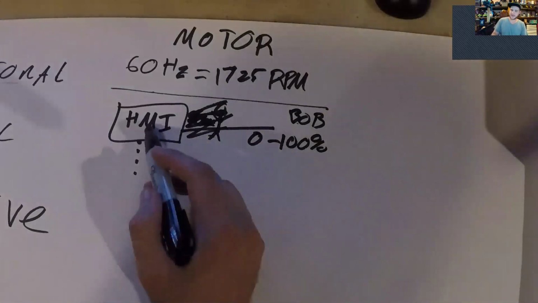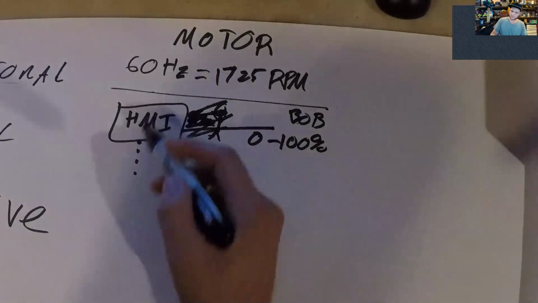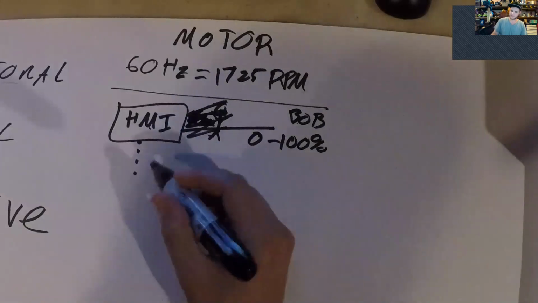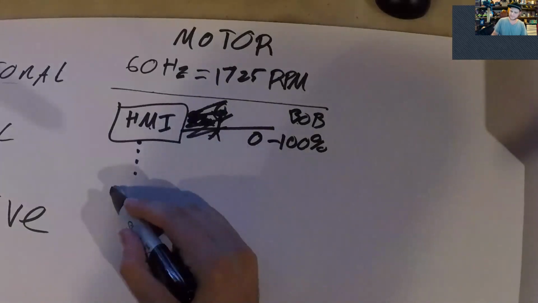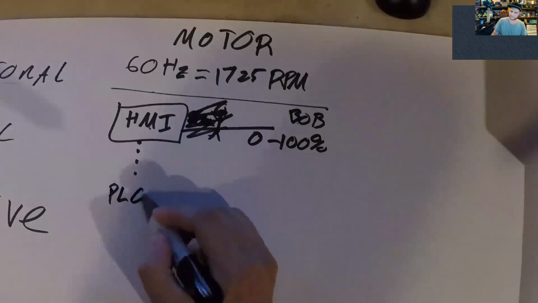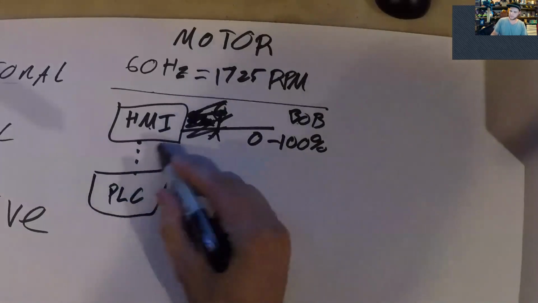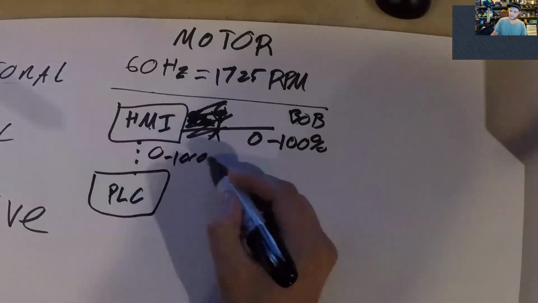And then there's a tag in the HMI that sends that value to the PLC. And at that point, that's still 0 to 100%.